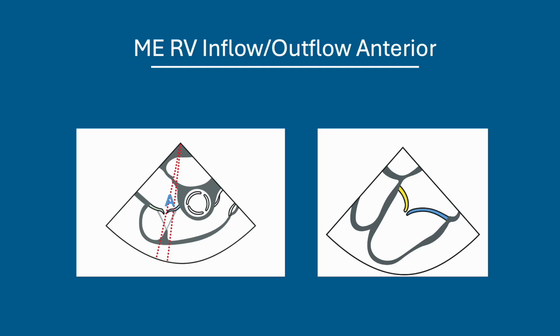Here is the anterior leaflet in the RV inflow-outflow view, and you can see it in the orthogonal view on the right, and the septal leaflet relative to the anterior leaflet. This view is helpful to understand the coaptation zone between the anterior and septal leaflets, as well as identifying their relationship to each other, namely whether they are flail or prolapsing relative to each other.